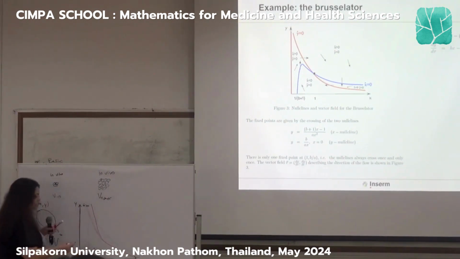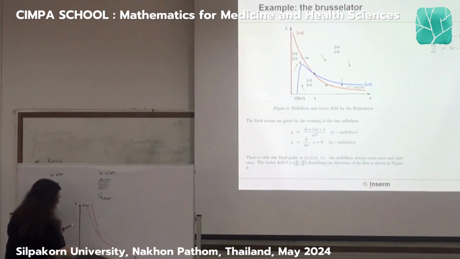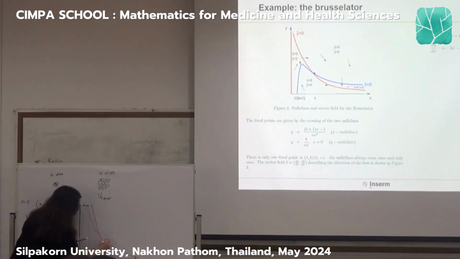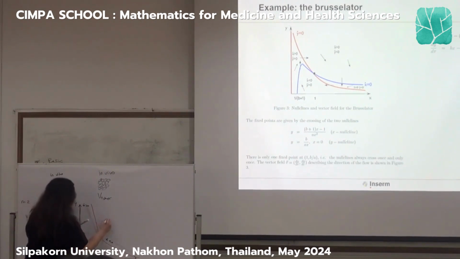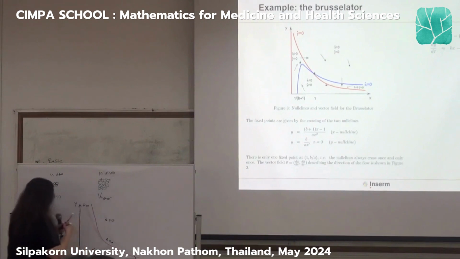If I just care about x dot, I forget about this red curve, and I can compute the sign of my x dot for all 4 zones. So here is going to be negative, and here. You have sectors. Okay, so let's do the same for y.